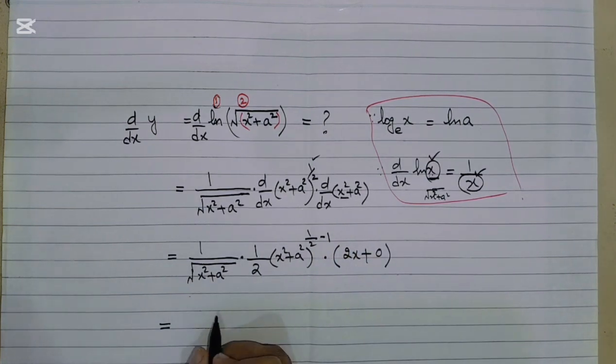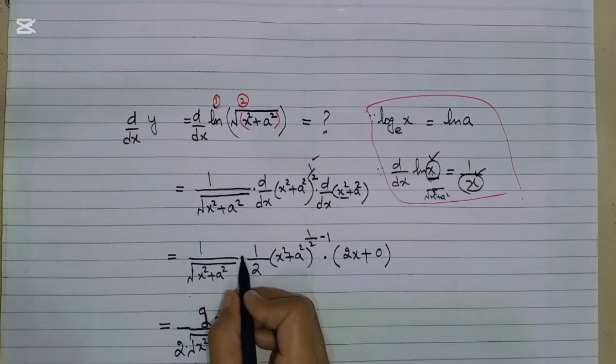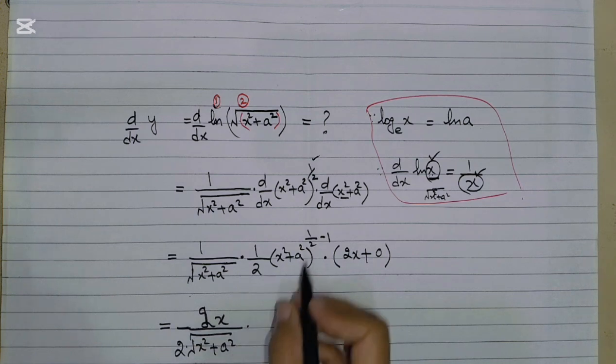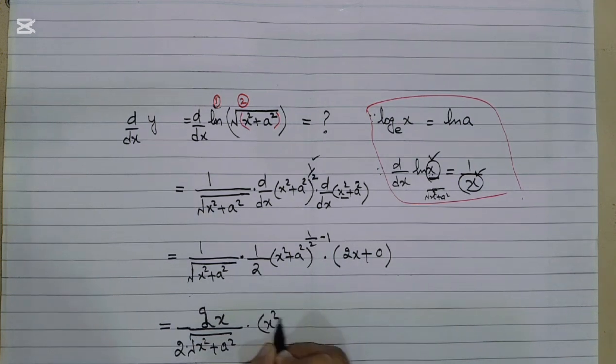So with a little bit of simplification, we can write it as 1 over x square plus a square, and 2 is also here in the denominator, and this 2x is in the numerator because all is in multiplication, and here is x square plus a square.